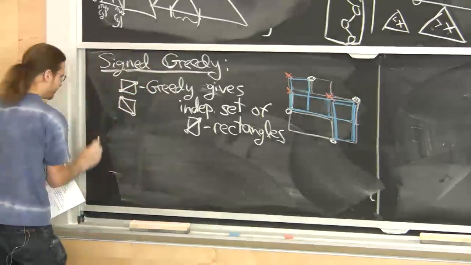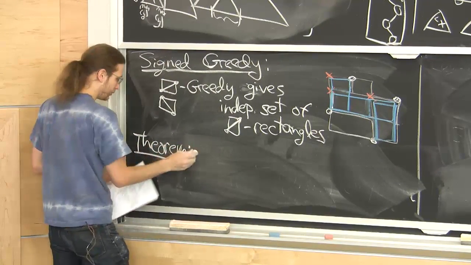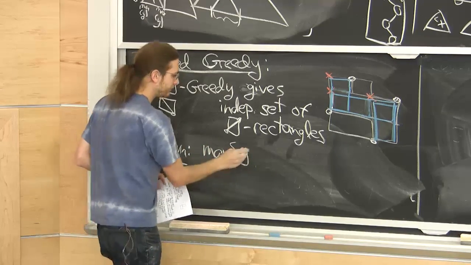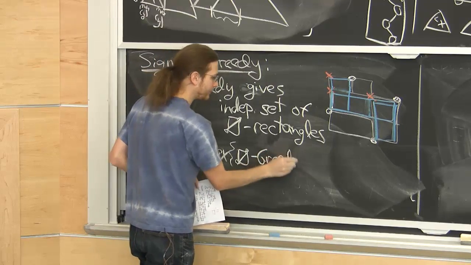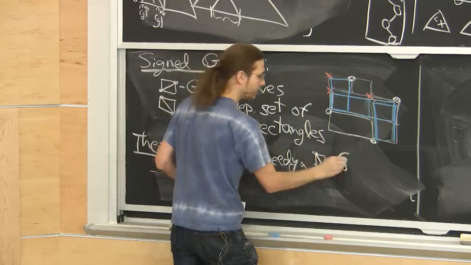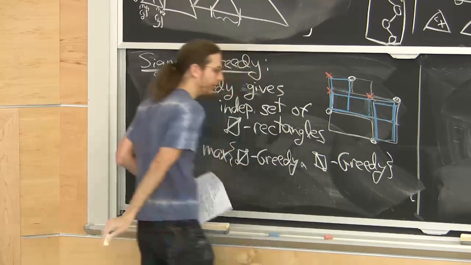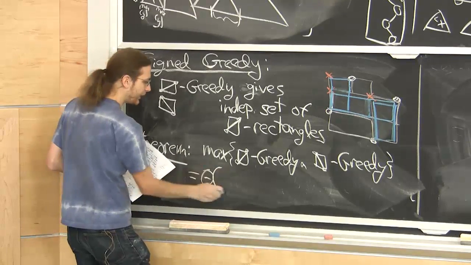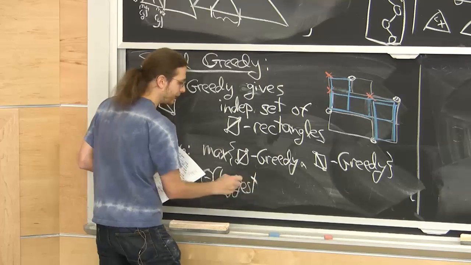So theorem is, if I take the max of plus greedy and minus greedy, each of them is a lower bound, so the max is a lower bound on optimal, then this is within a constant factor of the biggest possible independent rectangle lower bound.